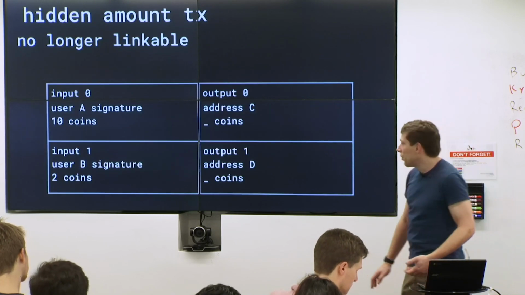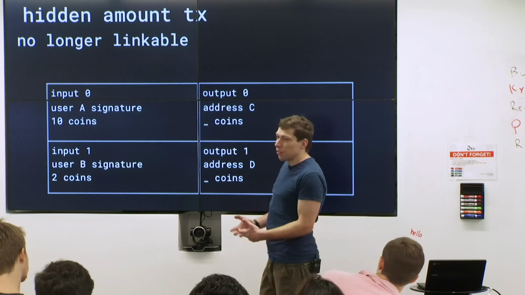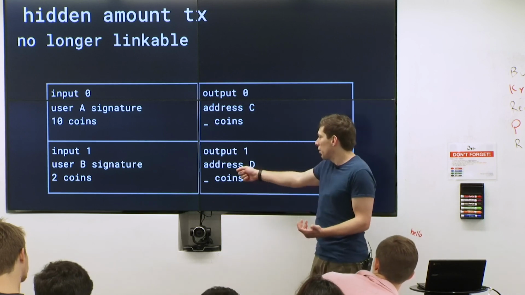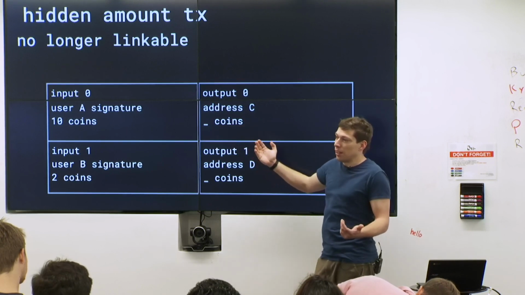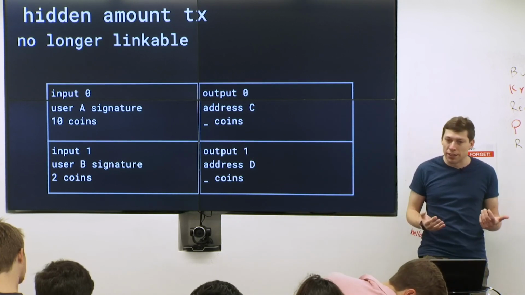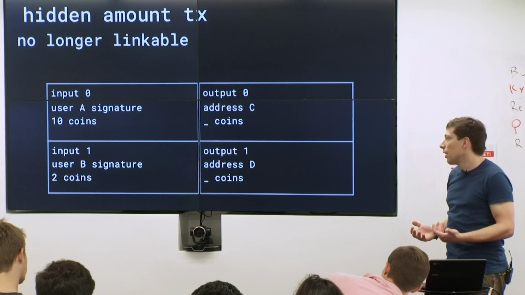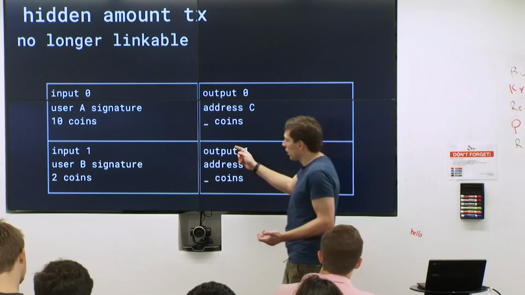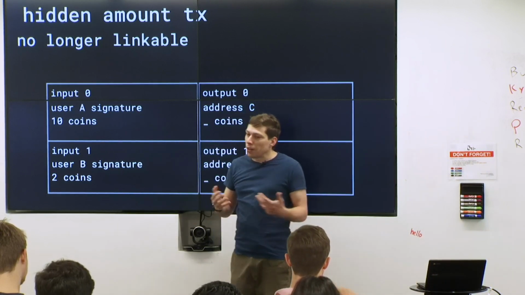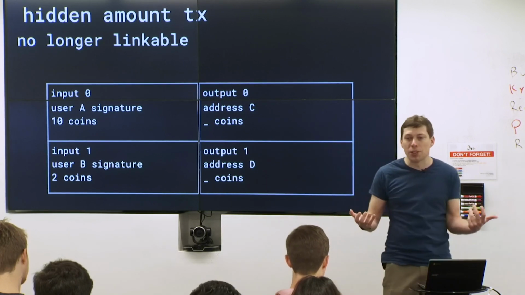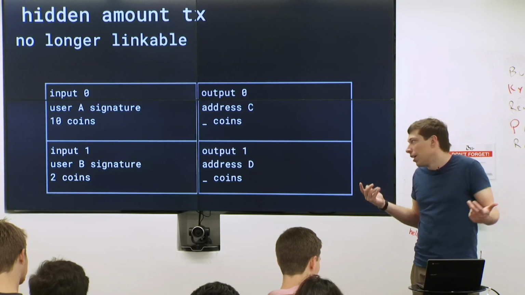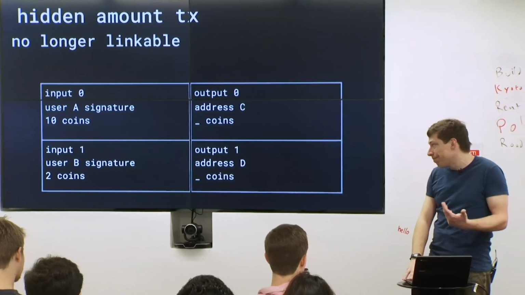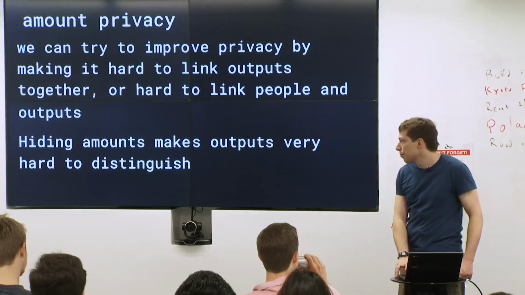So if you don't know the amounts, they become sort of completely uniform, where this is just a completely random address. I have no idea how many coins there are. I have very little way to distinguish between these outputs. I can sort of try to trace the graph and say, okay, well, this came from here, this came from here, but they all look the same. So I've just got this big graph with no real information other than the links between the nodes, which is still information, right? But it's much harder to tell what's going on.